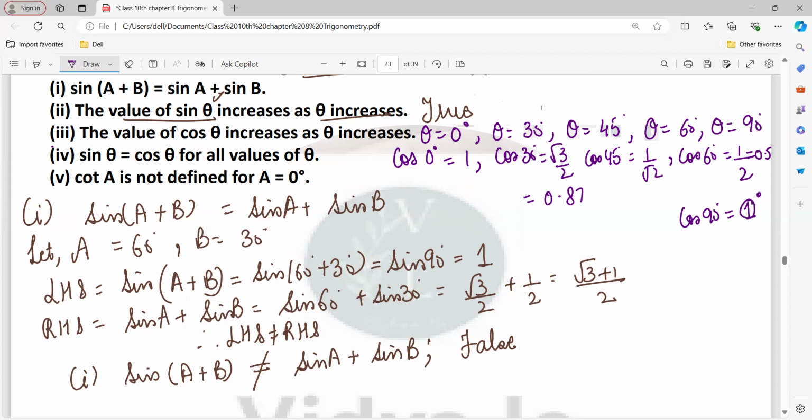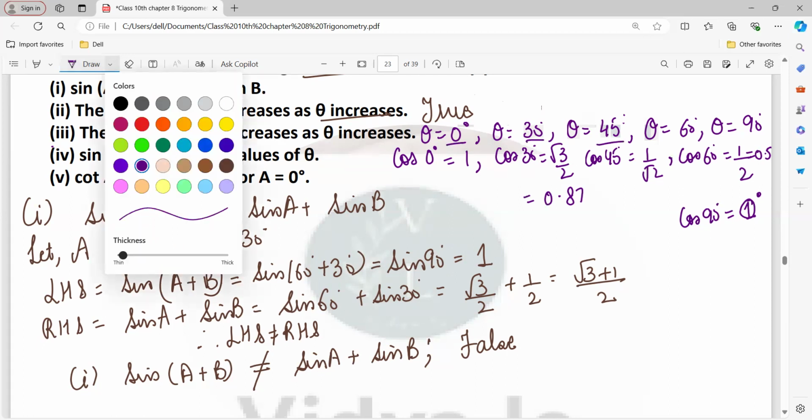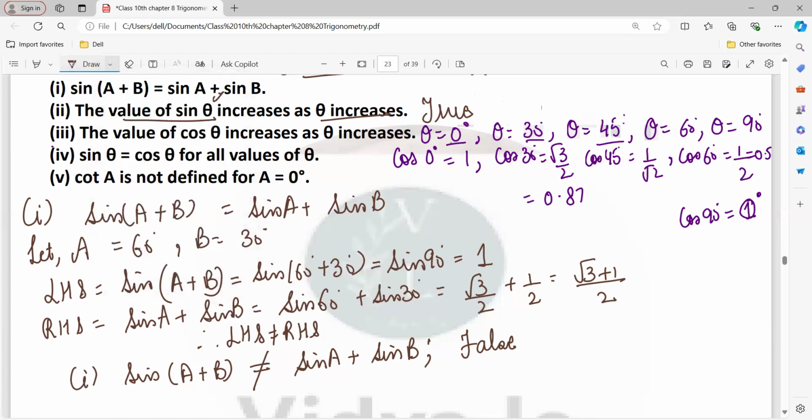So here we can see that when we are increasing the values of theta, our cos values are decreasing. At theta 0, we got cos 0 as 1. Cos 30 is 0.87. Theta is 60, cos 60 is 0.5. For theta 90, cos 90 is 0.